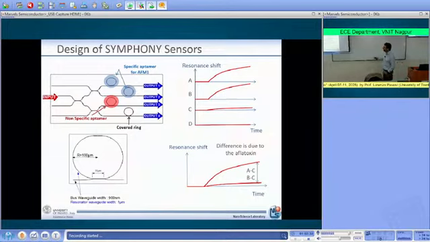And then we can functionalize the microring resonators differently in order to compare the results from the different outputs. For example, here we do not do anything, and so this microring resonator will be sensitive to the change in the temperature of the chip. Here we are not putting any specific capturing agent, meaning that everything that is coming can attach on the surface.